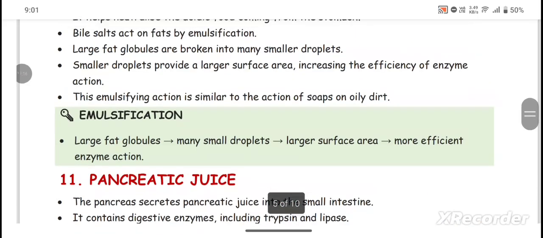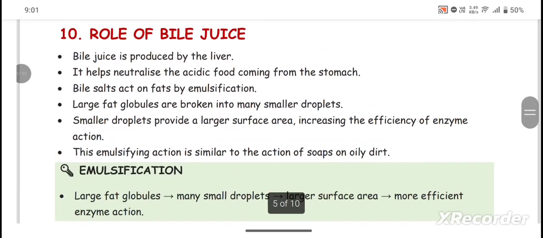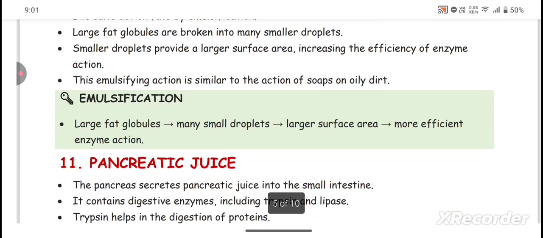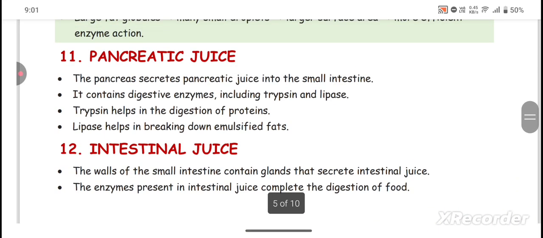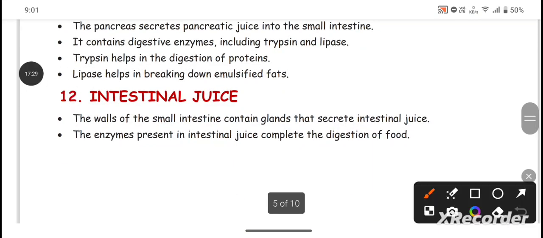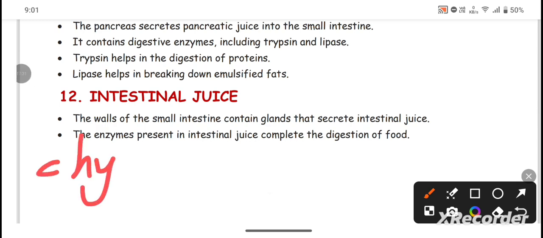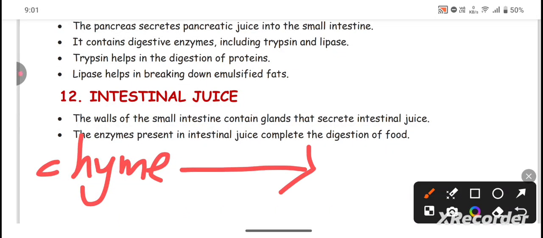So the secretions of bile juice, pancreatic juice and intestinal juice change the chyme, which is acidic in nature, into a basic nature called chyle.